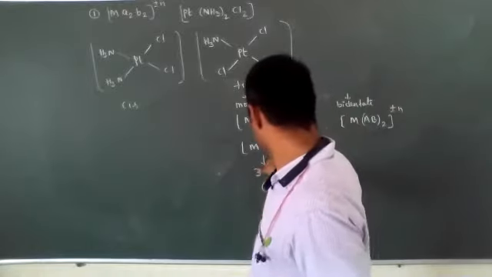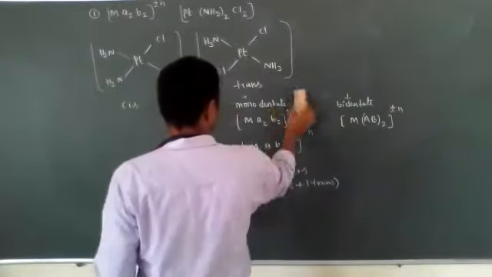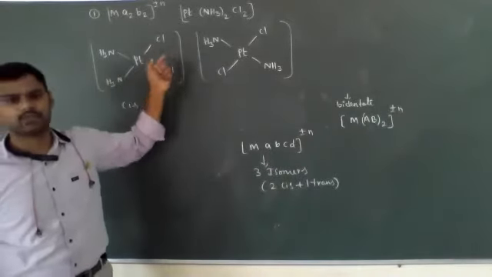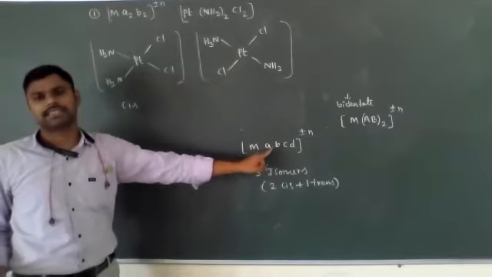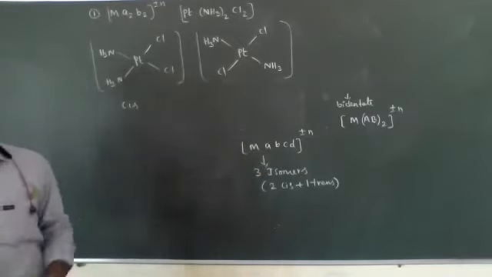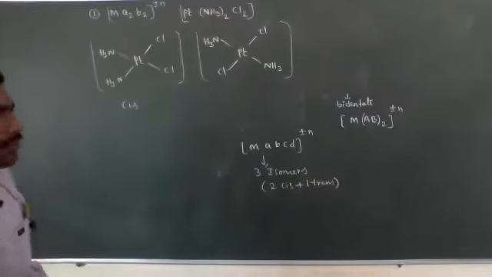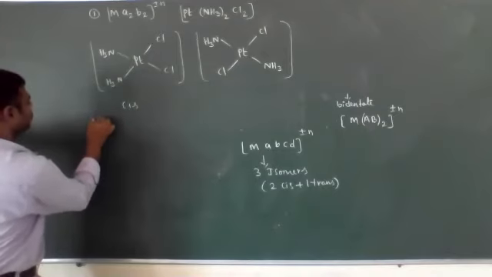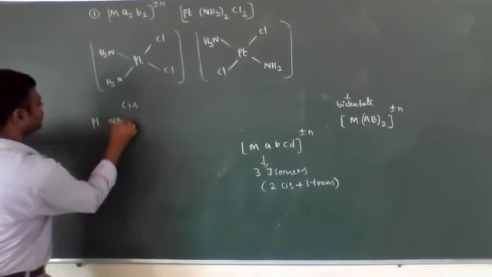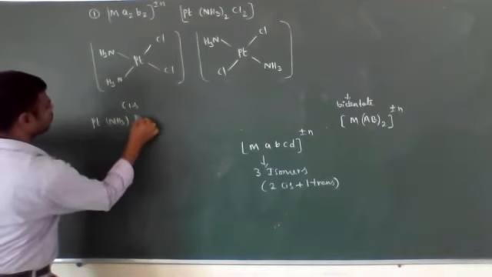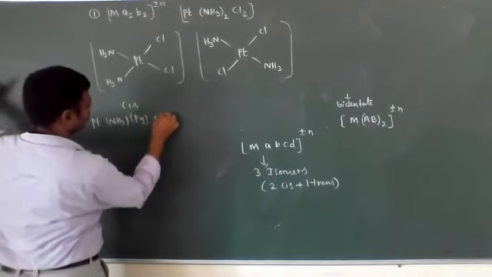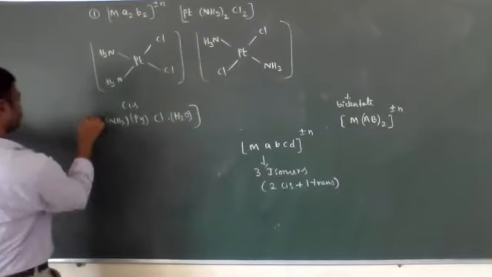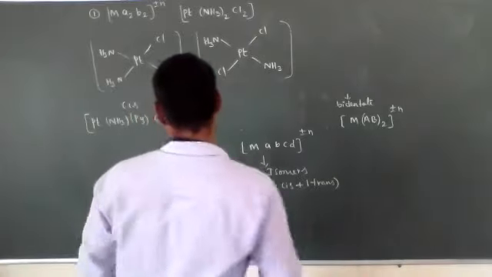Next one, this model, do you want an example? Let's see, I will draw that also. Actually, mostly they ask this in the board examination, not this. But in the objective examination, if this kind of model is given, they ask how many geometrical isomers are present. 3 are present. Out of that, 2 are cis forms and another one is trans form. For example, Pt, NH3, pyridine, chlorine, water molecule. Right? 4 different ligands are present.